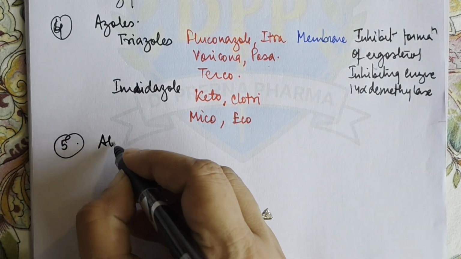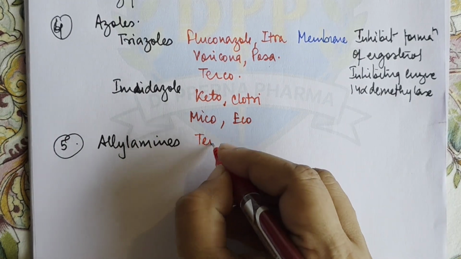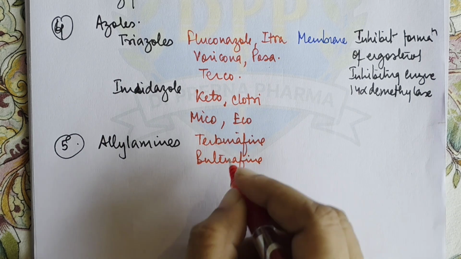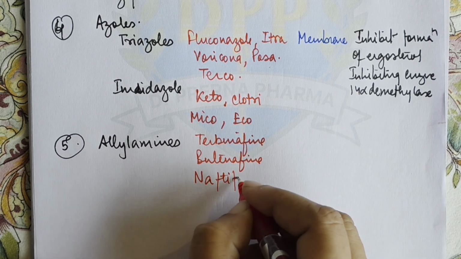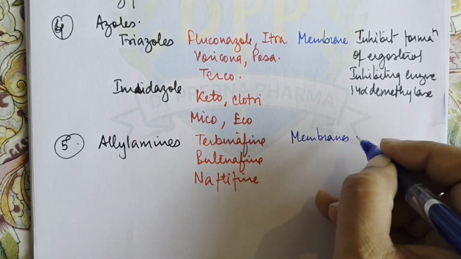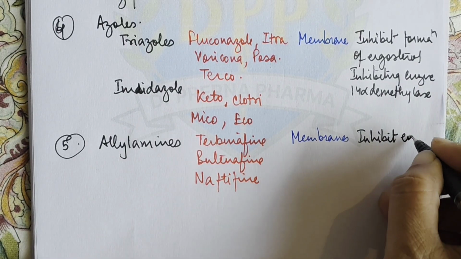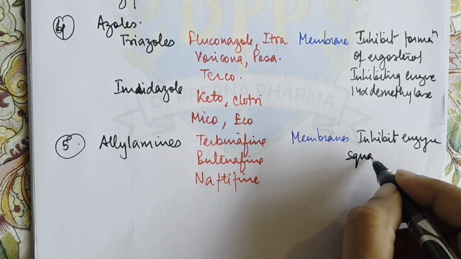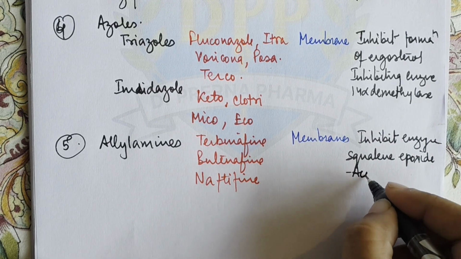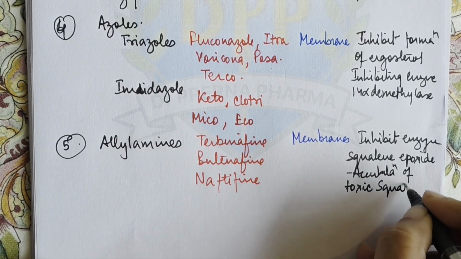The next category is allylamines. The drugs that we have in this category are terbinafine, butenafine, and naftifine. These drugs act on the membrane, and their mechanism of action is that they inhibit the enzyme squalene epoxidase, and thereby they cause accumulation of toxic squalene.